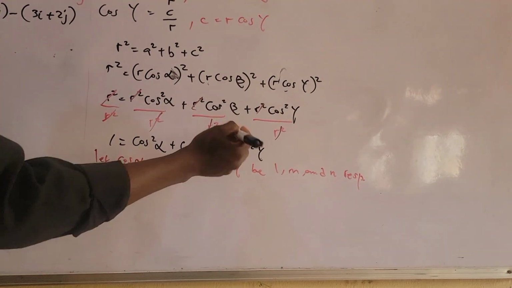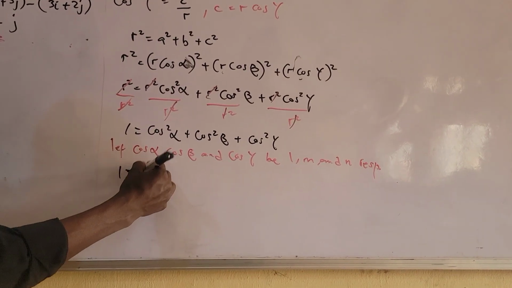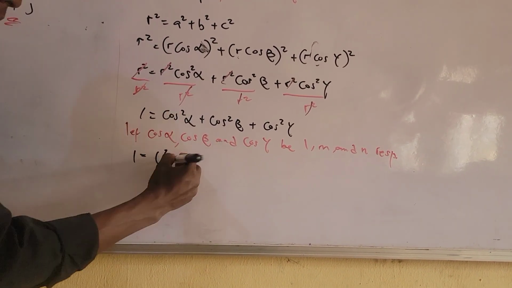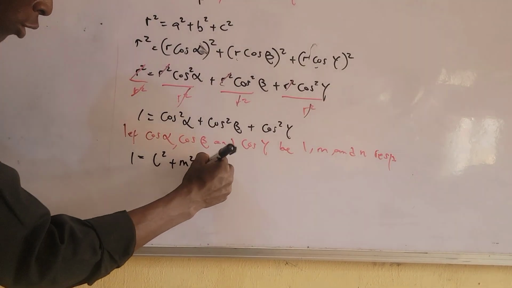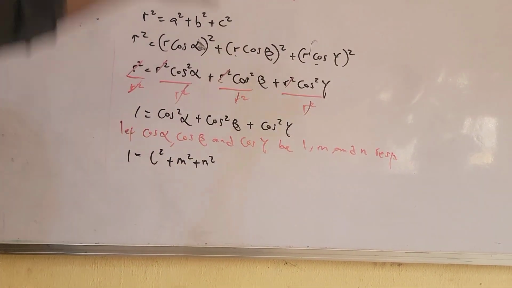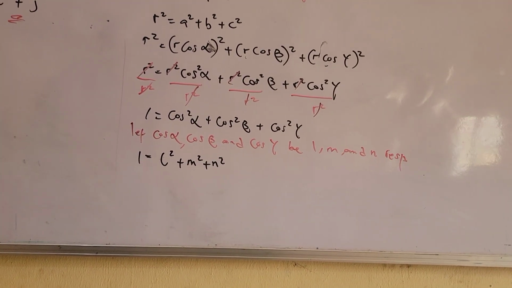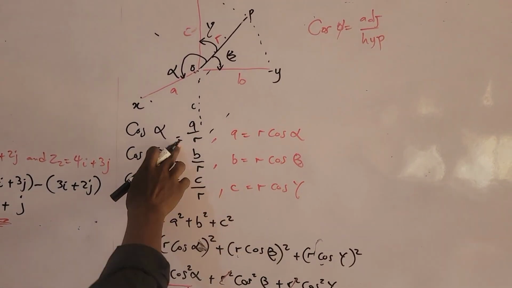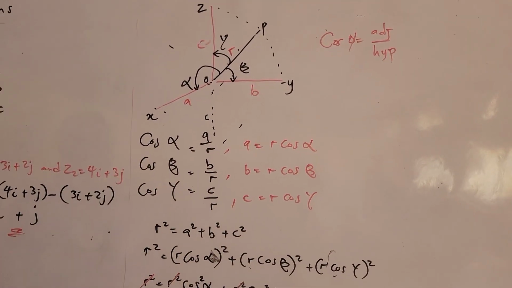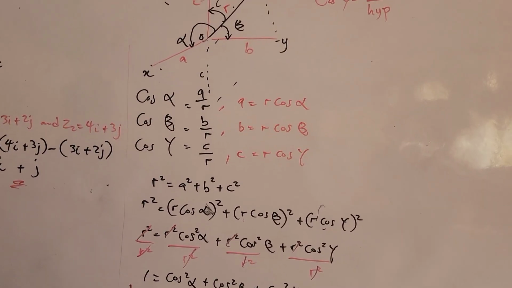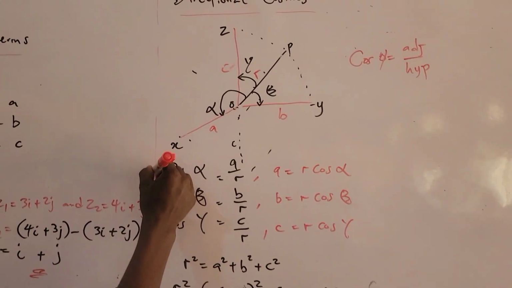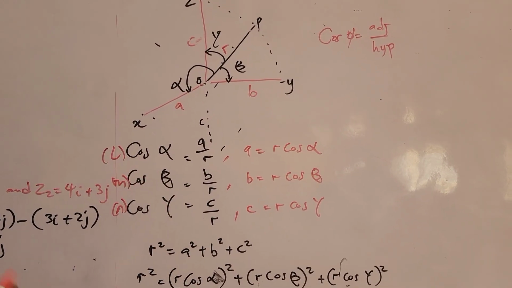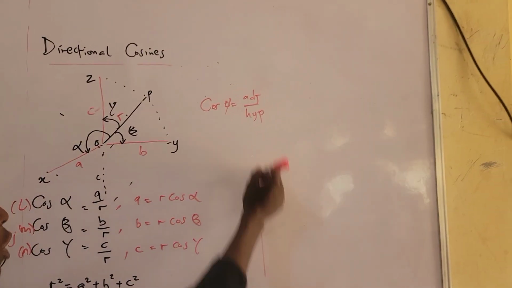In that case, we'll be having 1 equals l squared plus m squared plus n squared. So that is just the derivation for directional cosines. This here will be our l, this is our m, and this is our n. So that's in short. Now let's take a question on this.